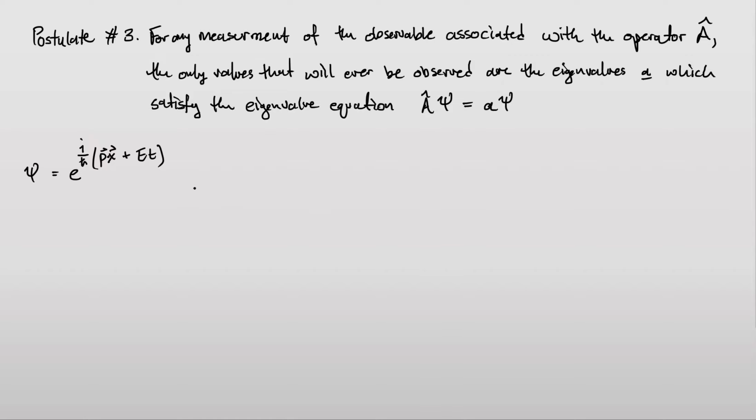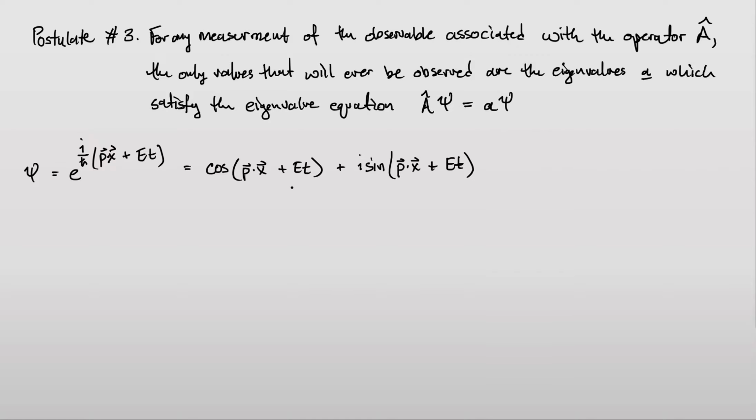And we know from Euler's formula that this is equal to the cosine of (px plus et), plus i sine of the same thing, (px plus et).